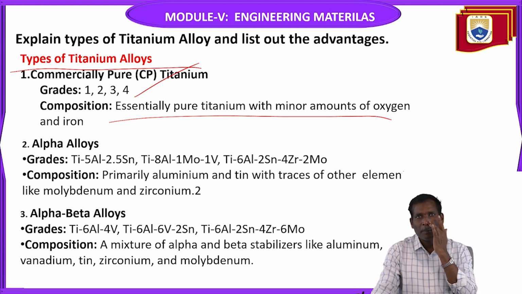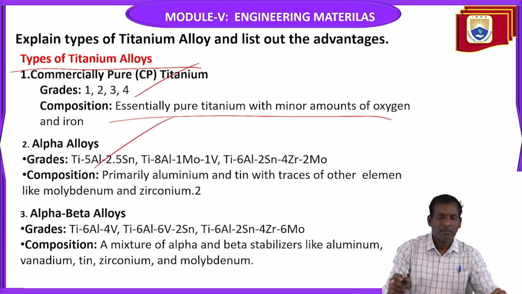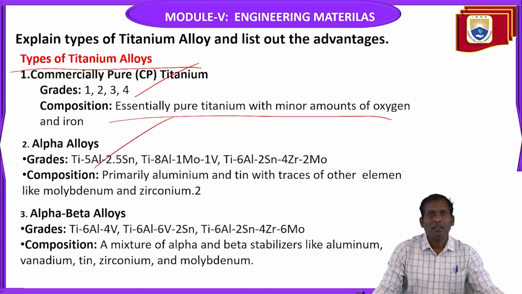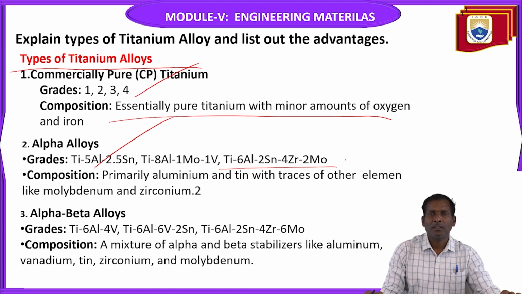And similarly, the alpha alloys. The grades are Ti-5Al-2.5Sn, Ti-8Al-1Mo-1V, and Ti-6Al-2Sn-4Zr-2Mo.